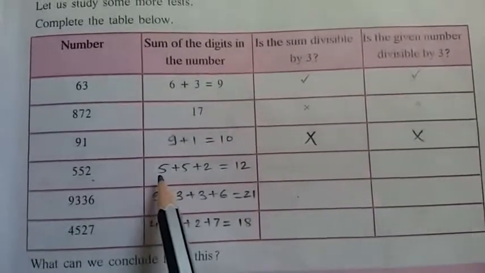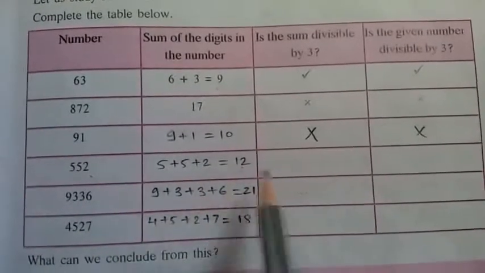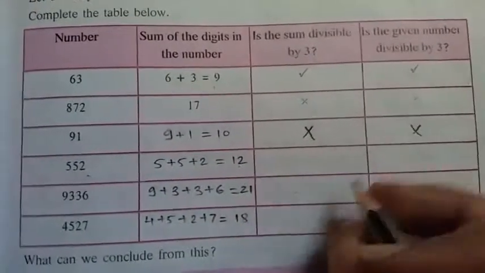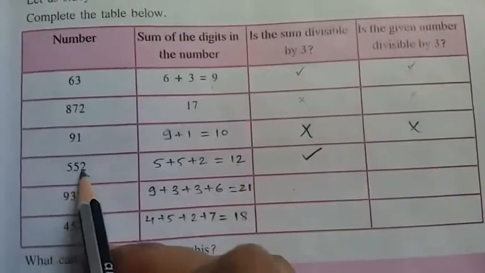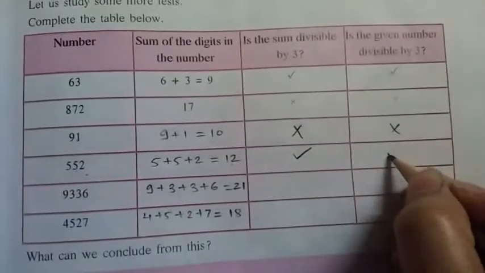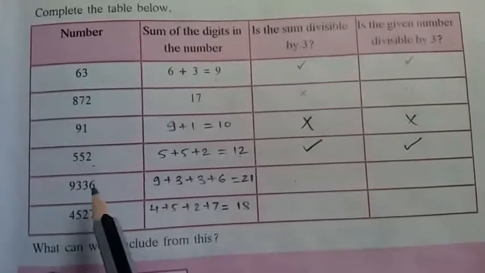Now do the addition of all the digits. 5 plus 5 plus 2. Addition is 12. Now 12 is divisible by 3? Yes. 552 is divisible by 3? Yes. On the similar way, you can do for the next two numbers also.